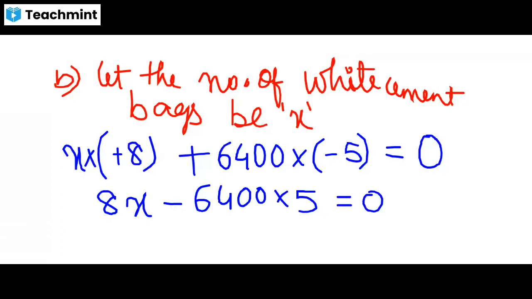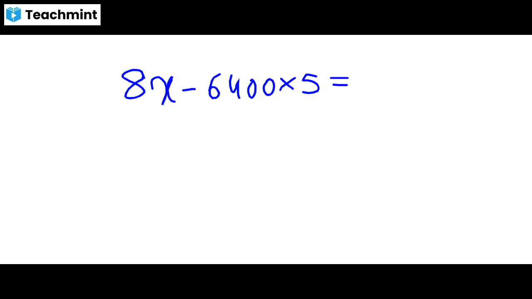See children, I am not multiplying 6400 into 5. I'll tell you why I'm not multiplying in the next slide. What is the equation we got? 8x minus 6400 into 5 is equal to 0.